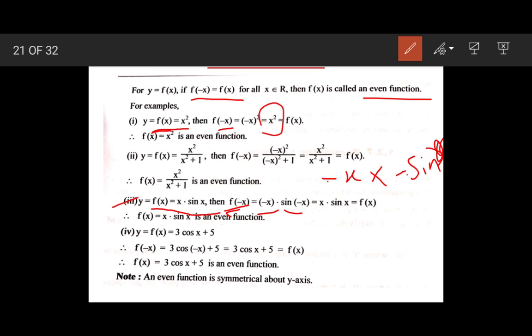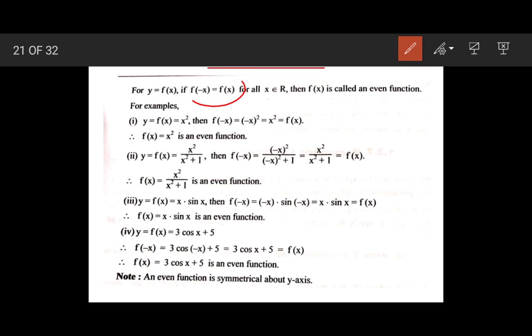Minus minus will be plus. So what am I getting? I am getting x into sin x, and that is nothing but f of x. So finally I got f of minus x as f of x. So the function is an even function. Clear?